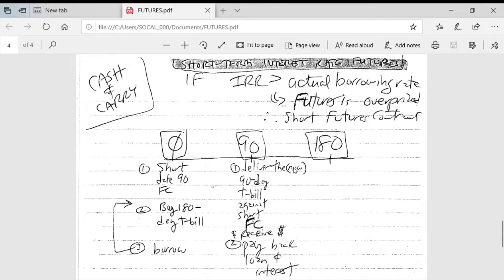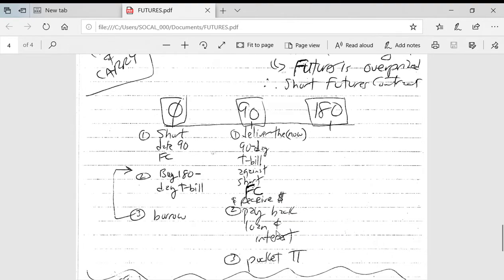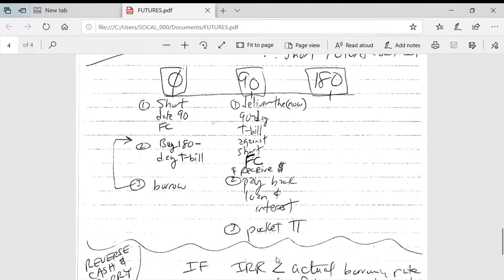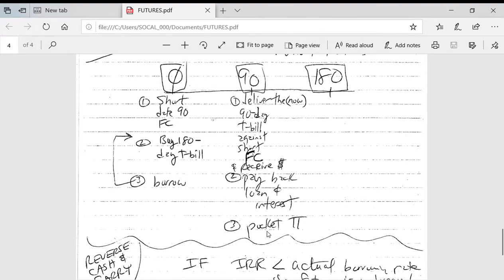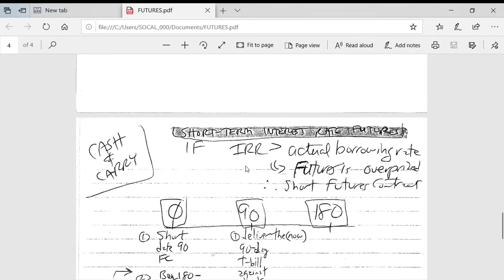So we deliver the now 90-day T-bill against our short futures contract, and we get paid. We pay back the amount of money we borrowed over here to buy the 180-day T-bill and the interest, and we pocket the profit. Okay? And we're guaranteed to have a profit because the implied repo rate exceeded the actual borrowing rate.